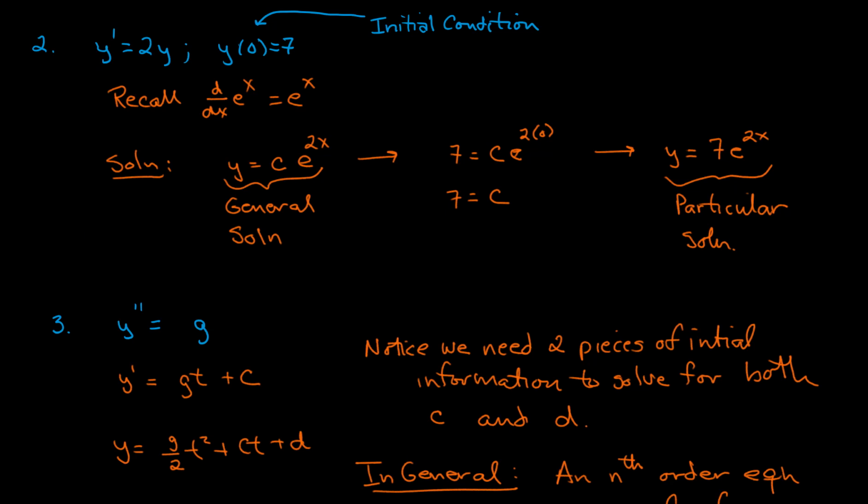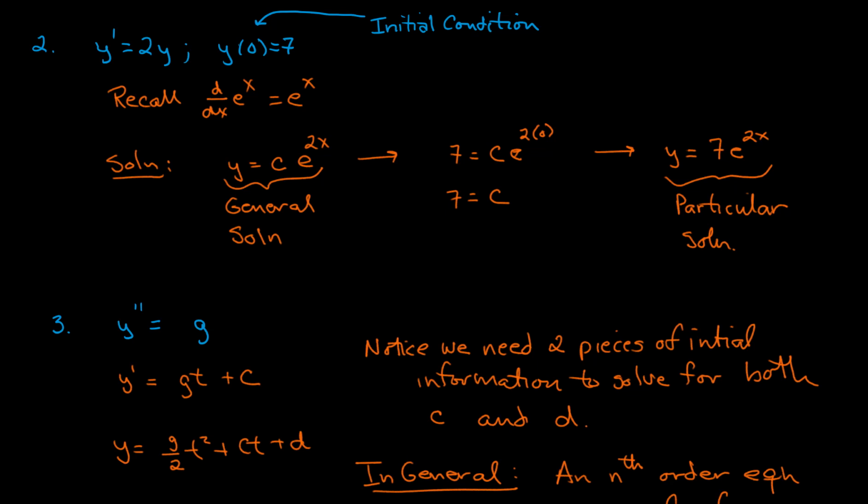taking our initial condition, substituting in 0 for x and 7 for y, we now have 7 is equal to c e raised to the 2 times 0. Well, that's e to the 0, and e to the 0 is 1, which then gives us that c has a value of 7.